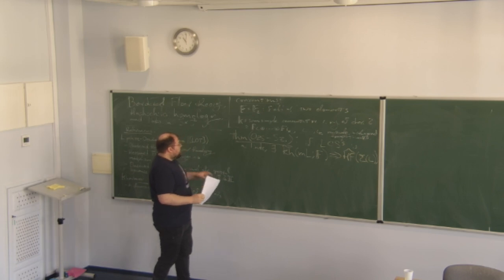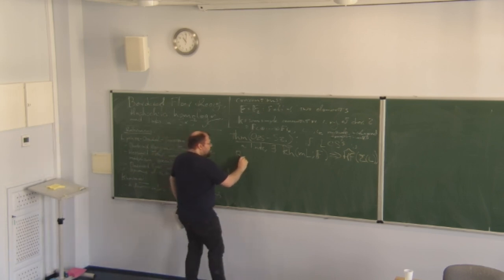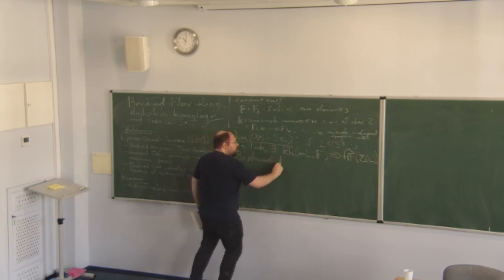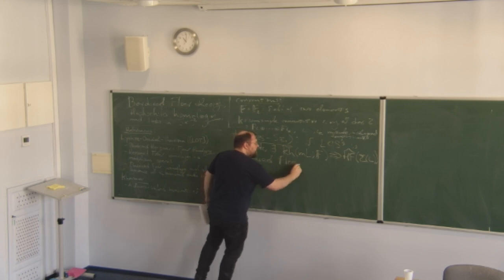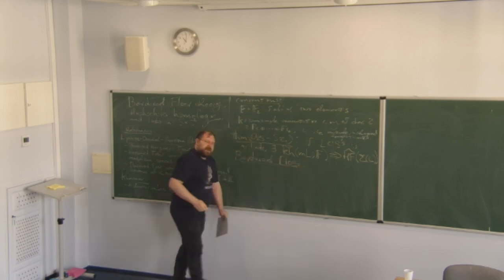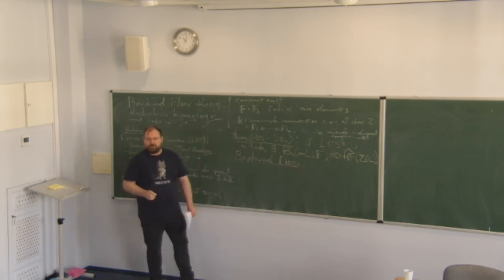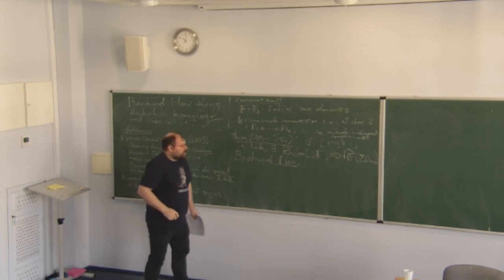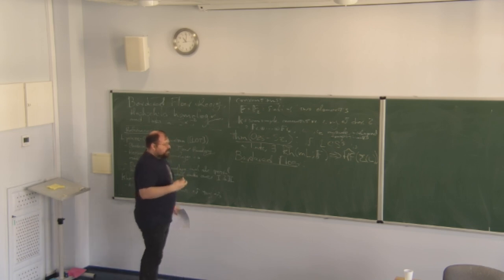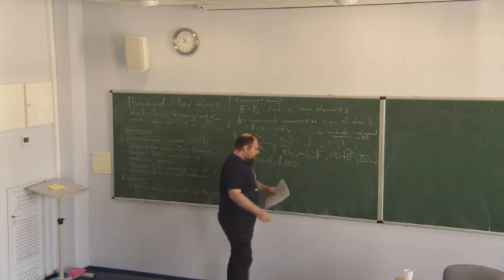In order to do this, I need to talk to you a little bit about bordered Floer homology. Bordered Floer homology is an invariant of three-manifolds with parametrized boundary. And I'm just going to tell you about the simplest versions of this.